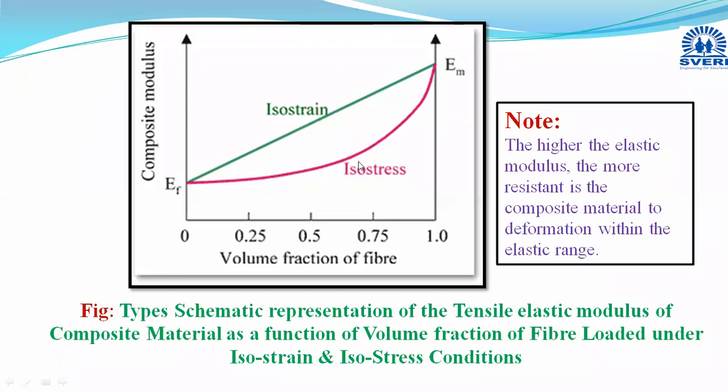And if the loading condition is isostress or transverse, then less resistance will be provided. In this way, depending on the loading condition, we can determine the property related to resistance also.